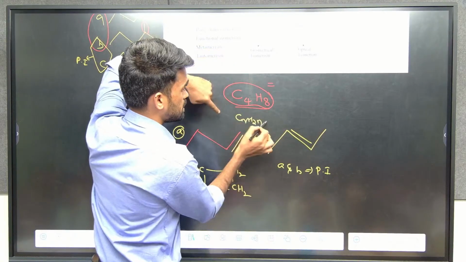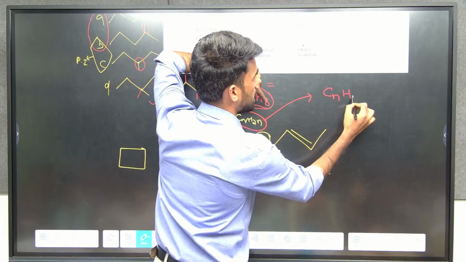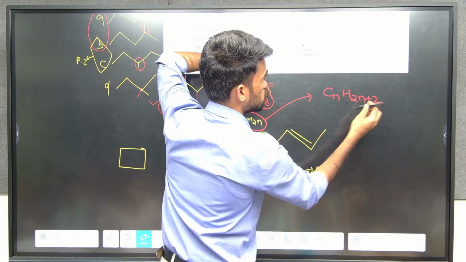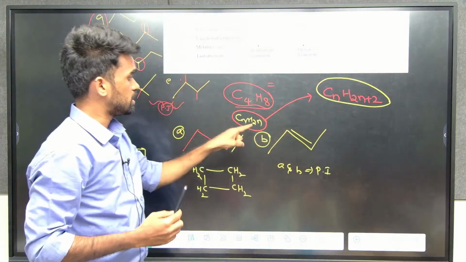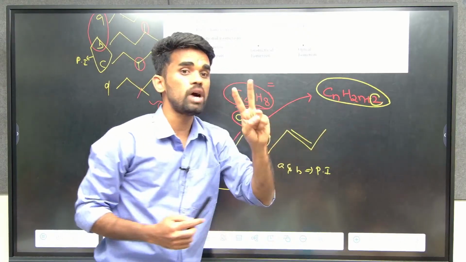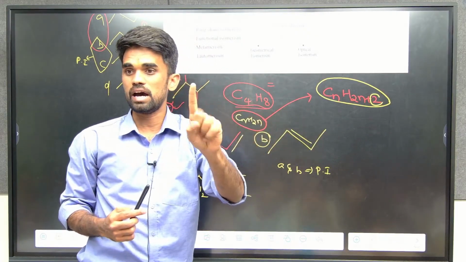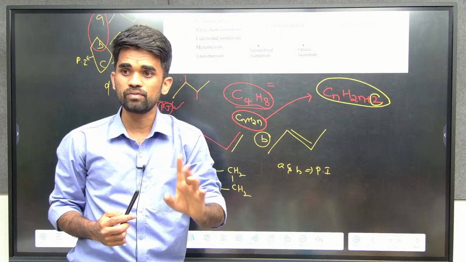This is the general formula of alkane, CnH2n+2. So if you compare with this, how many hydrogens are less? 2. If 2 hydrogens are less, 1 degree of unsaturation.